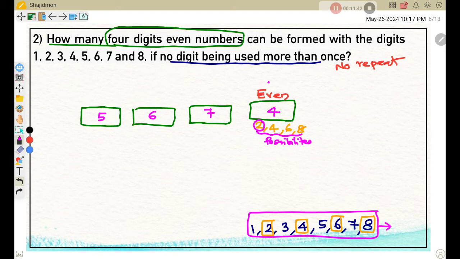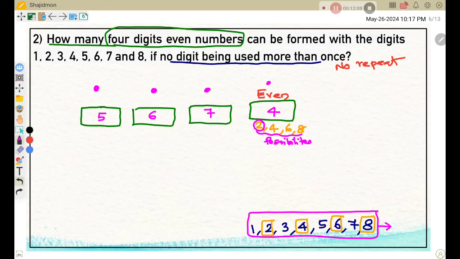So we have 7, 6, 5 possibilities. I'm just writing how many possibilities in each box.